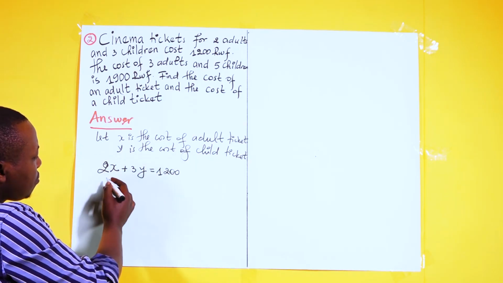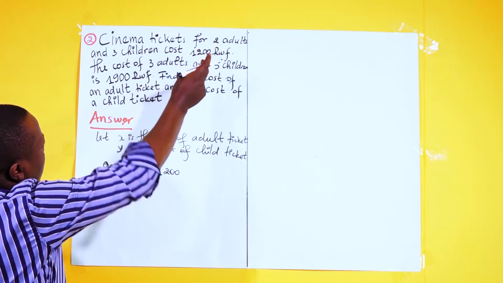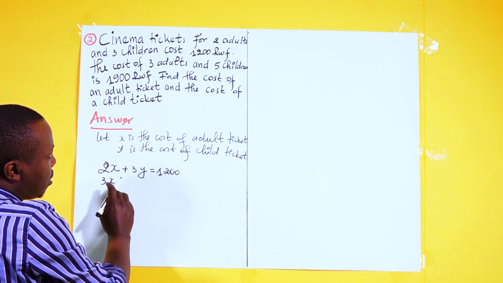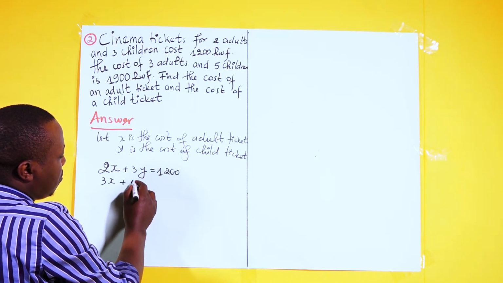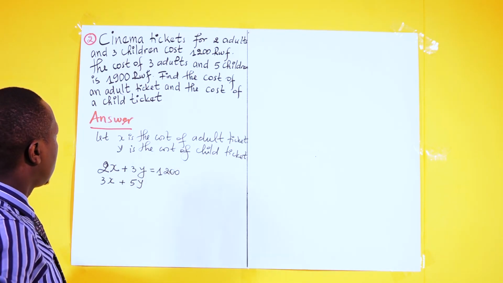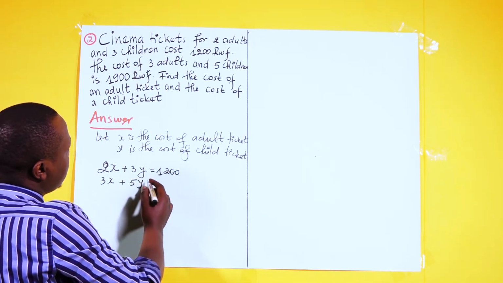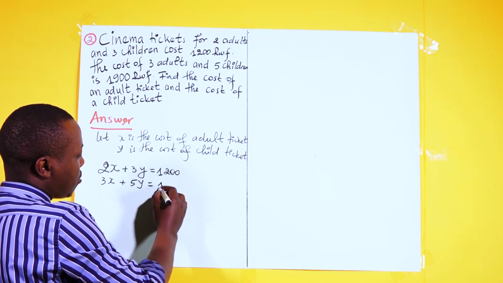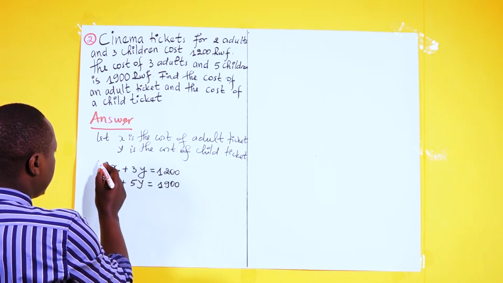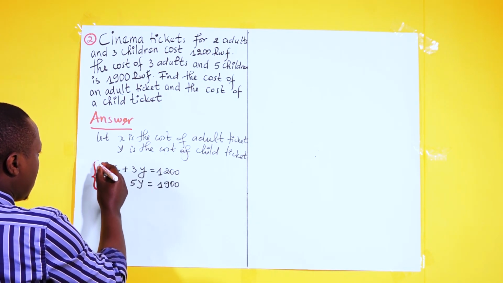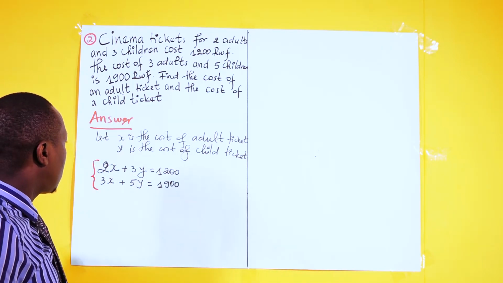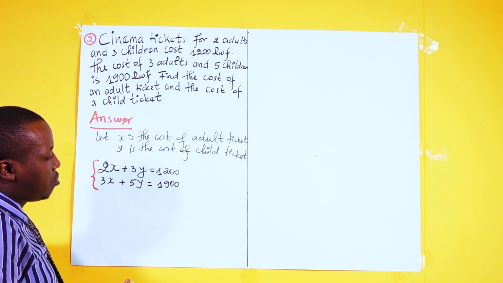And then 3 adults and 5 children cost 1,900. So this is a system of equations from our word problem.